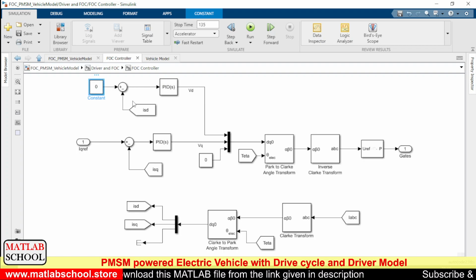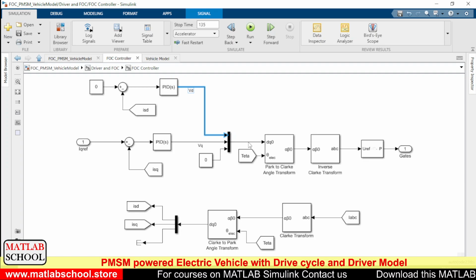This zero value will be compared with the actual direct axis current, so an error will be generated. The error is given as input to the PID controller, so the output of this PID will be the direct axis voltage.